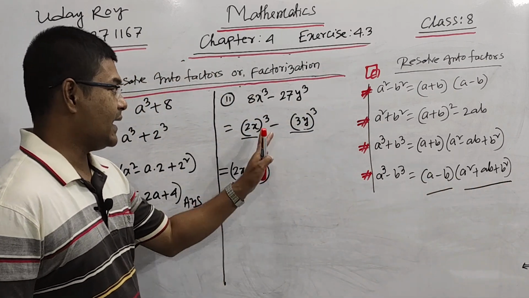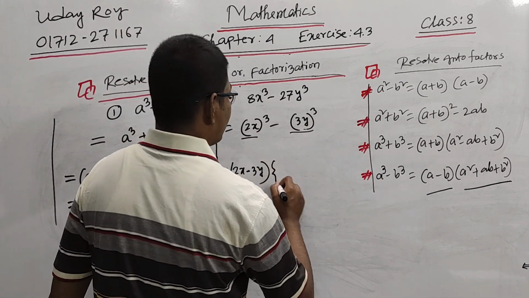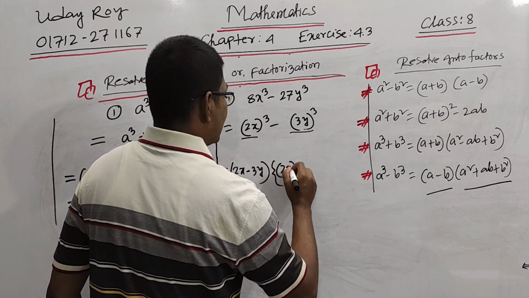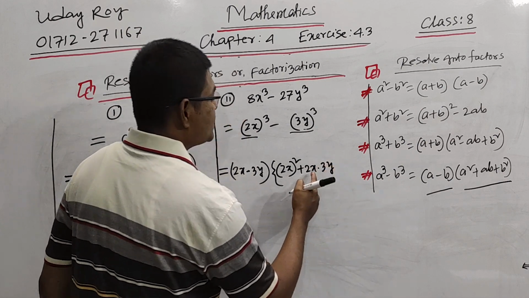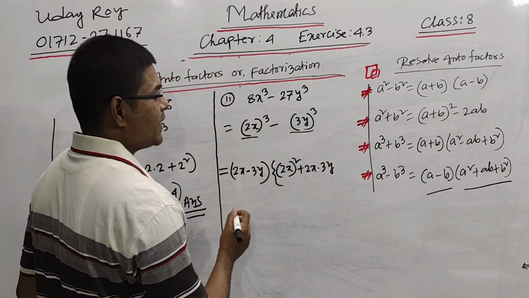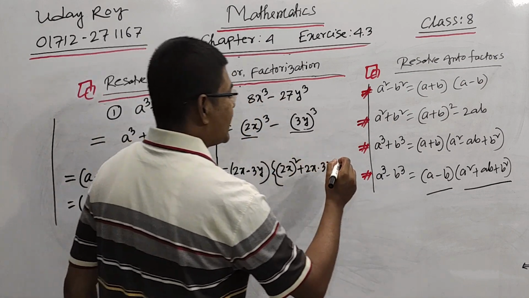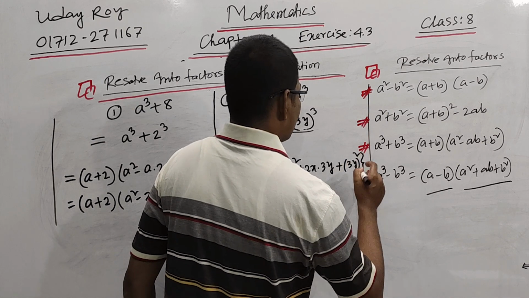A square, that means 2x whole square. Plus ab, that means twice x into thrice y. Plus b square, b is thrice y, so we have got b square.